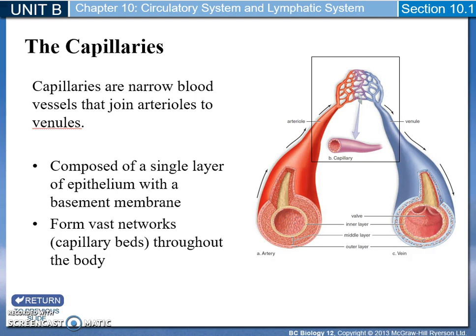As you can see from the diagram, it shows you the various layers. Also, it's showing the valve in the venules, so we'll get to that in just a minute. Well, it's showing the artery and a vein actually, and then in between there are the capillaries, which form vast networks throughout the body.